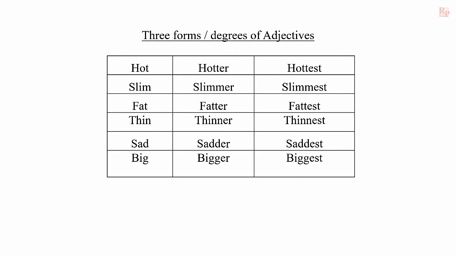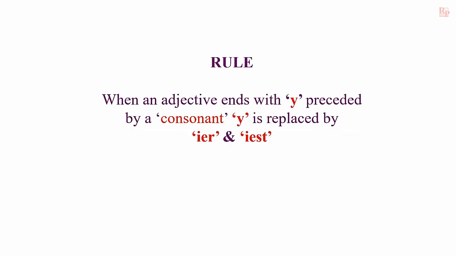Next, some adjectives end with Y. When an adjective ends with a Y preceded by a consonant, Y is replaced by IER and IEST. See the example, happy, H-A-P-P-Y.